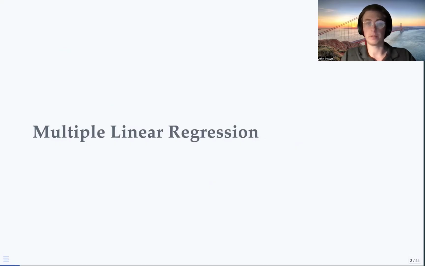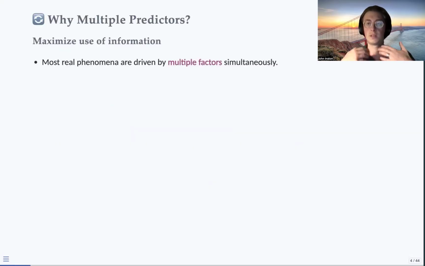Anyway, multiple linear regression. Let's start at the beginning and have a very quick review of what we've covered so far. In our data science course, we've looked at exploration, and we've now moved on to the analysis part of the data science lifecycle, and that involves fitting models.